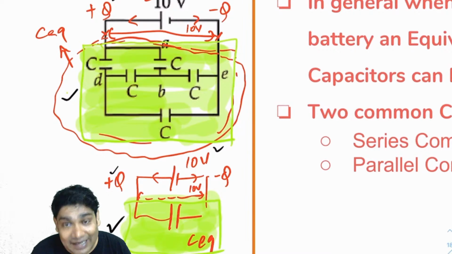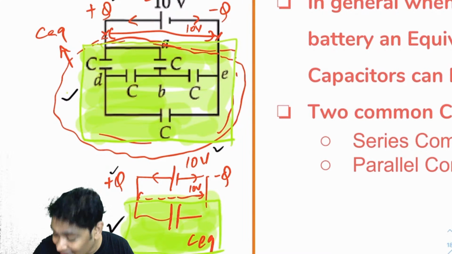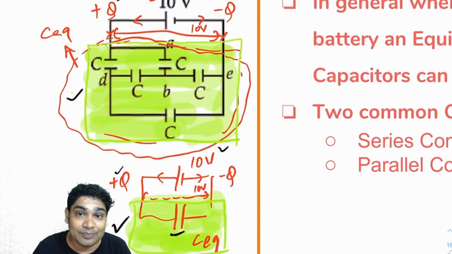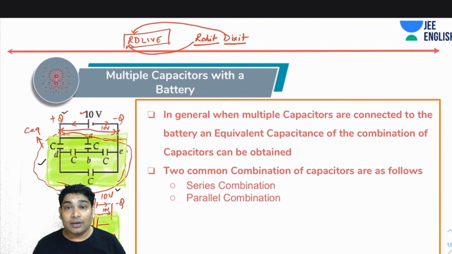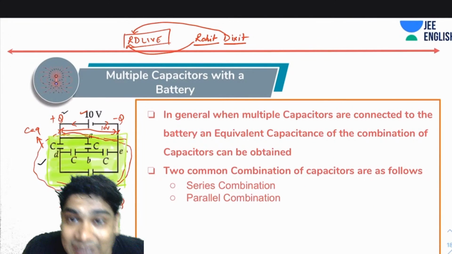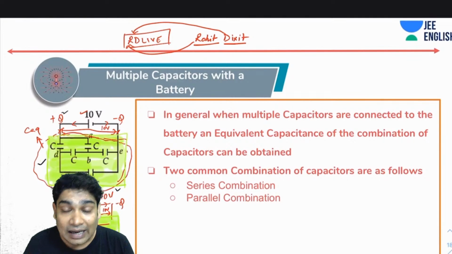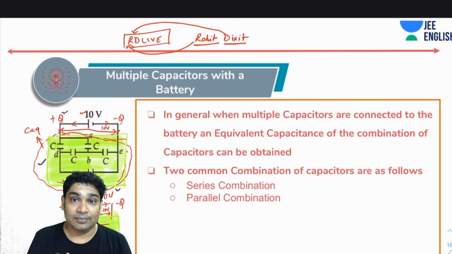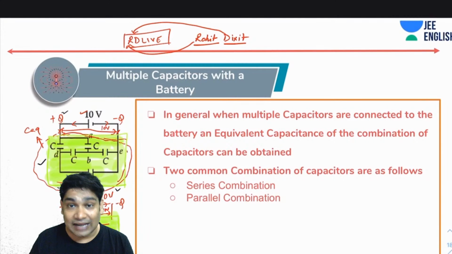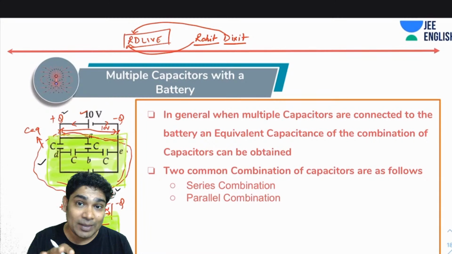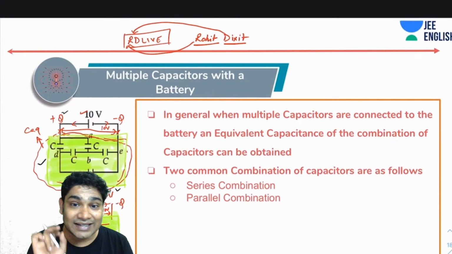Then I can say that the capacitance of this single capacitor is the equivalent capacitance of this entire system. I hope everybody is following me. Do you realize what I call equivalent capacitance and how I decide it? Equivalent capacitance is the capacitance of a single capacitor that can replace the entire bunch of capacitors that I have, such that all the effects that the entire bunch of capacitors was producing will be produced by this single capacitor.